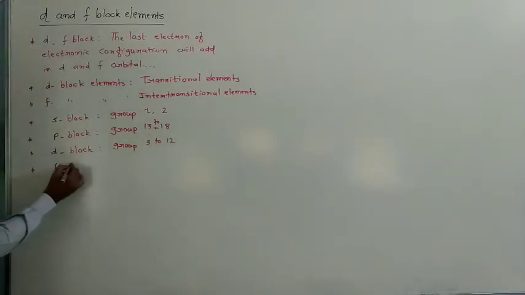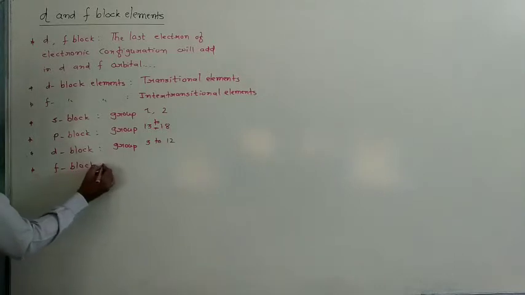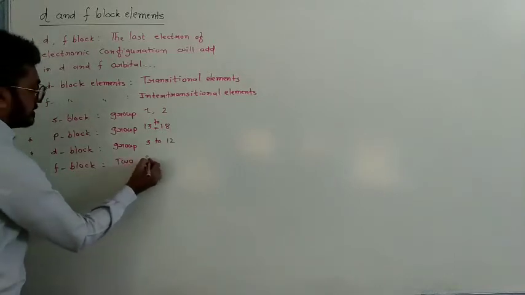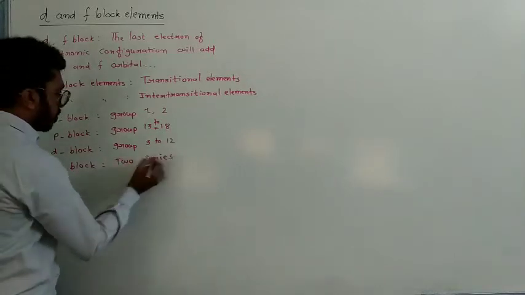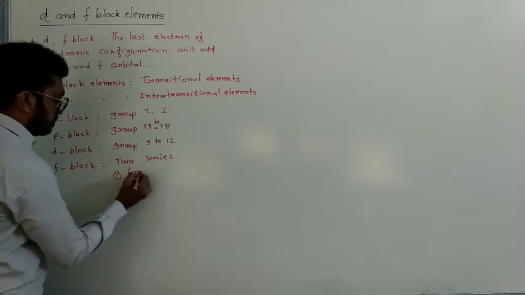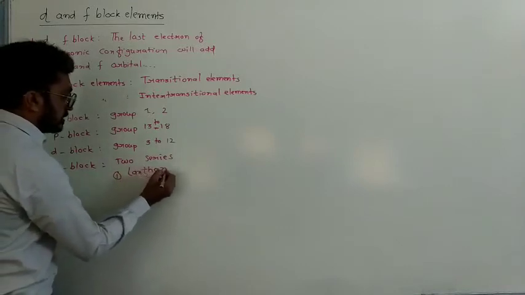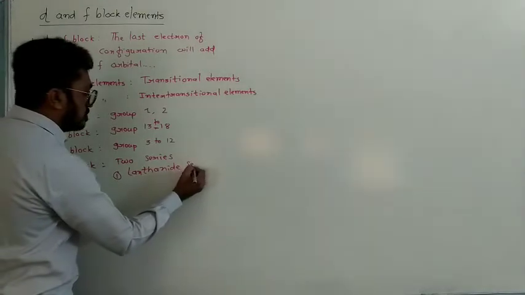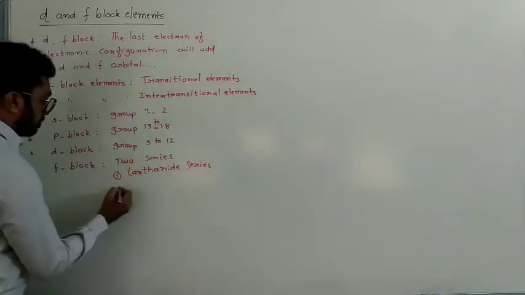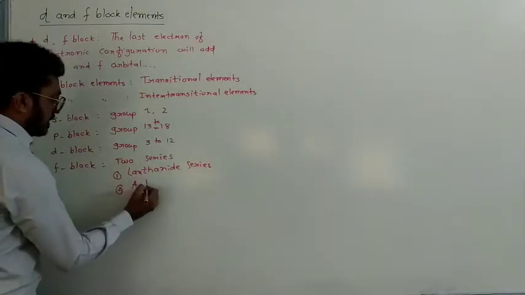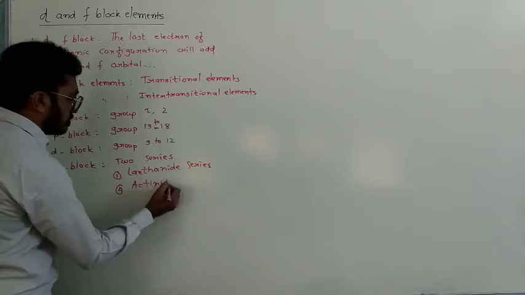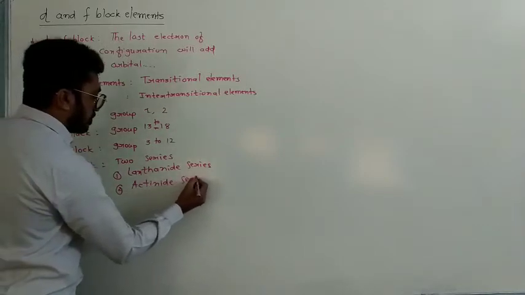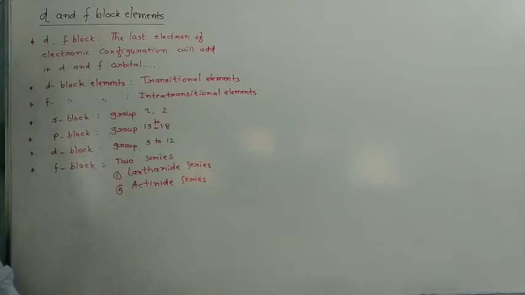F block has 2 important series: number 1, the lanthanide series, and number 2, the actinide series. Lanthanide and actinide are the 2 important series from F block.